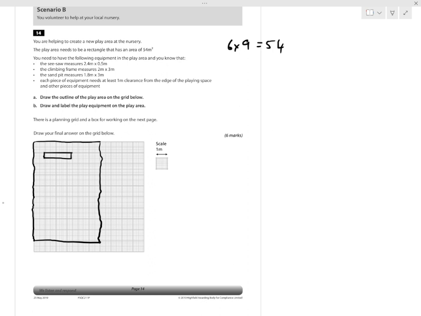So 2 by 3. So climbing frame, seesaw, and a sandpit, 1.8 by 3. So that's not going to fit, is it?